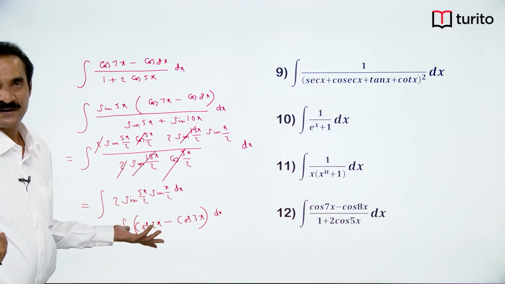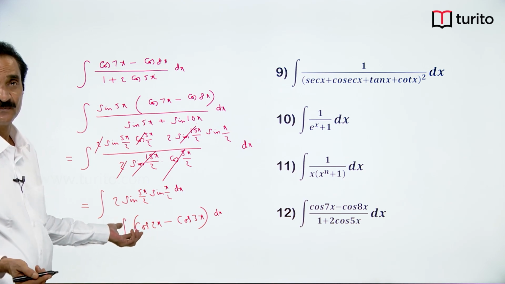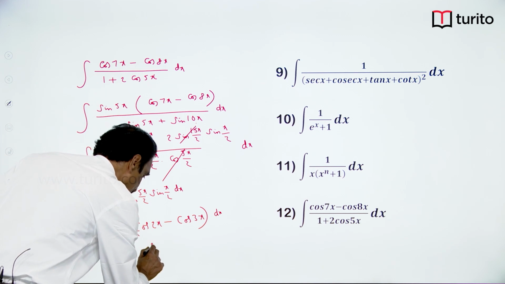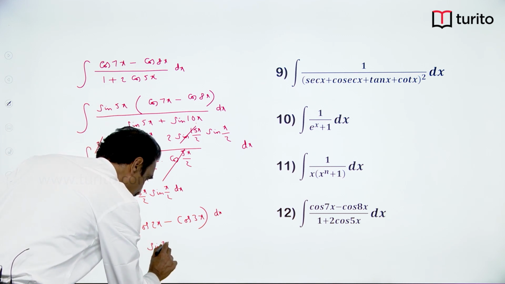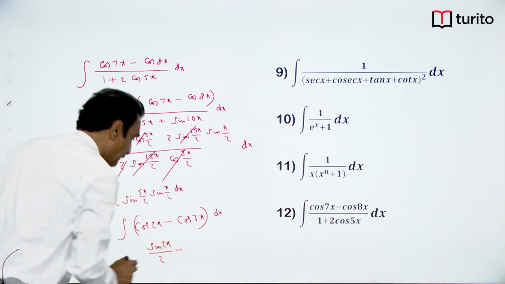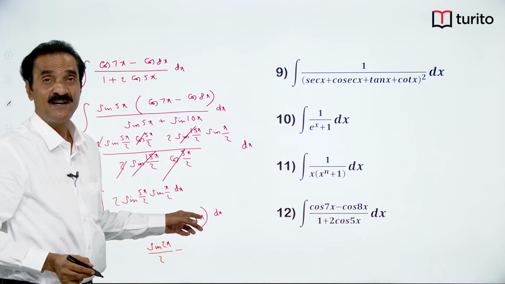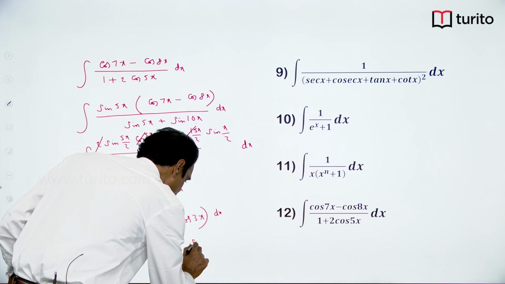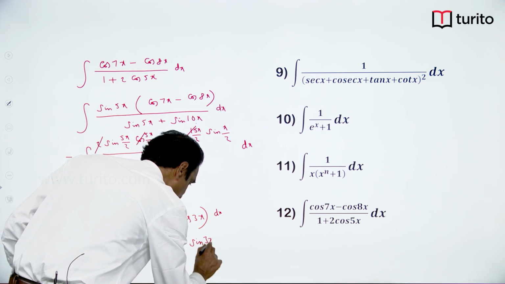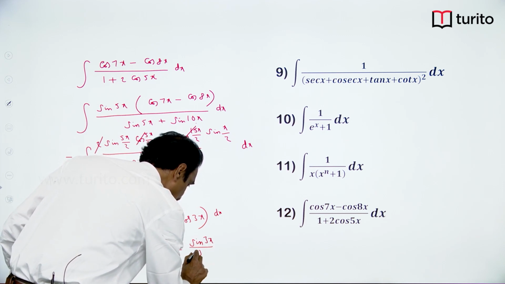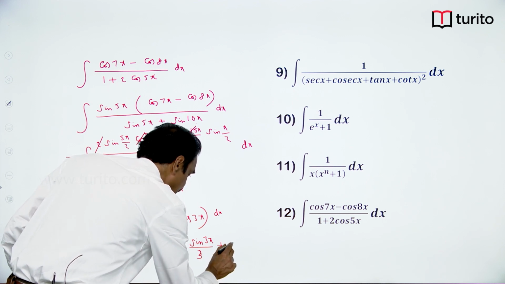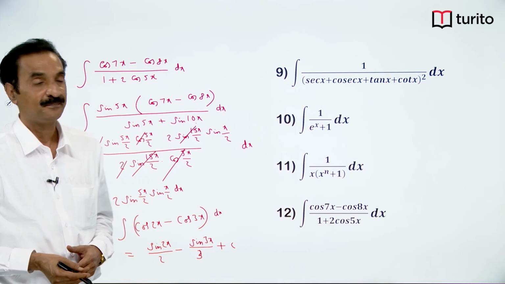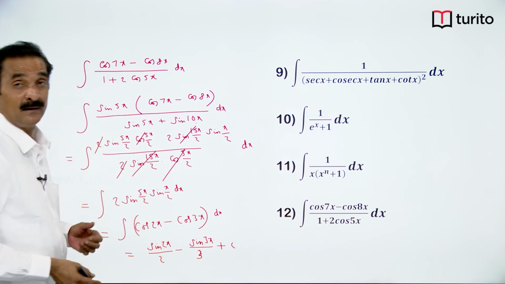Now it is finished. What is the integral of cos 2x, sin 2x by 2 minus integral of cos 3x, sin 3x by 3, plus c. So that is the final answer. Next question.